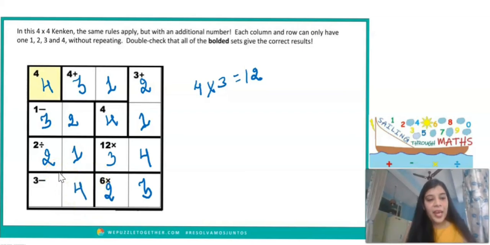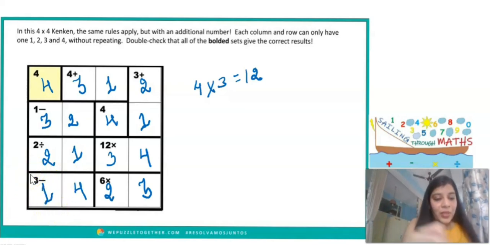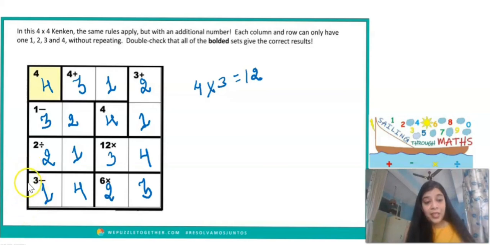In a similar way, 4, 3, 2 are already used in the first column. So the number which is going to come here in this block is going to be equal to nothing but 1. So if you again check this grid, you will see that the difference between 4 and 1 is equal to nothing but 3, which verifies that the numbers which we have obtained for this grid are correct.